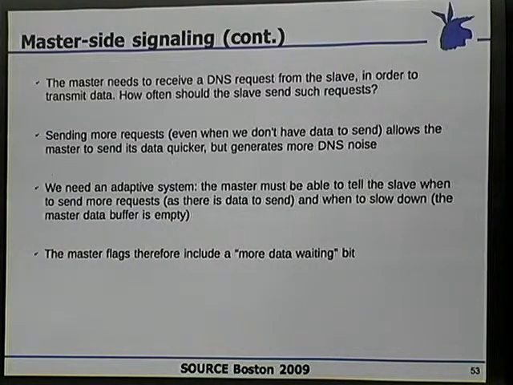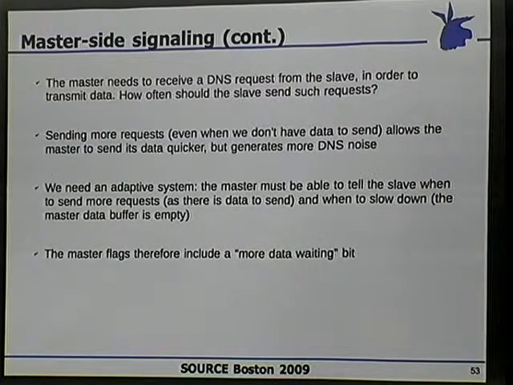The master only responds to requests because it's DNS, so we send a request, the master responds, but he couldn't possibly send a response without a request, which means we have 2 choices basically. Either we send a lot of requests from the slave and hope that there's data coming back, or we send just occasionally a request and maybe some data is coming back then.